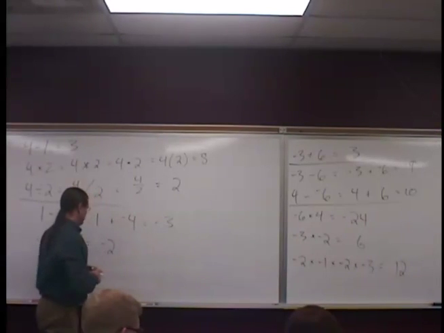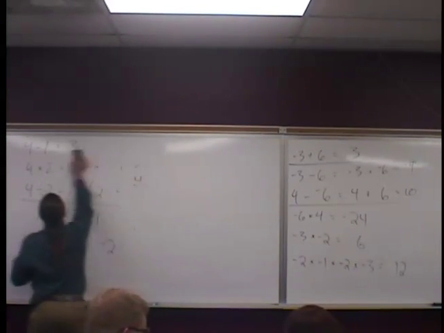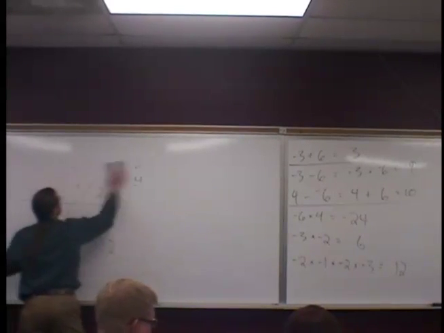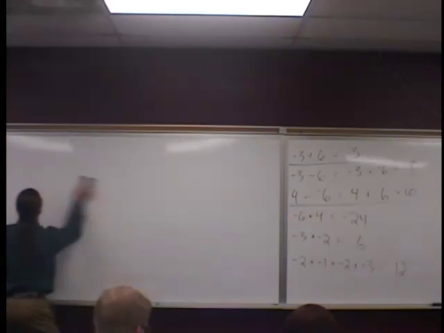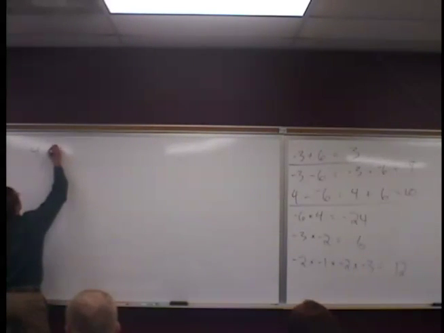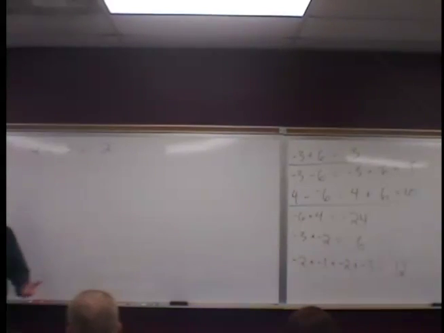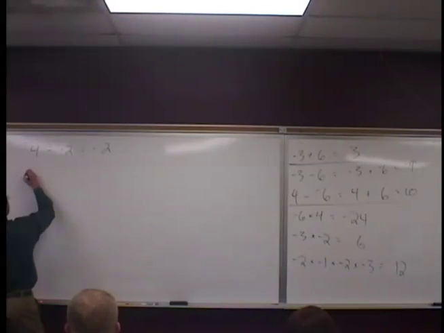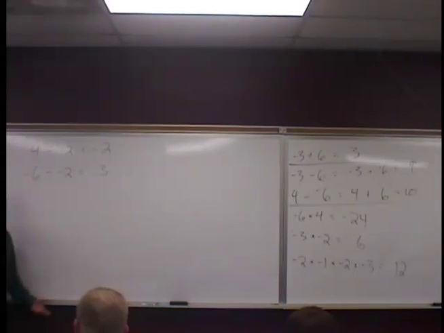All right, so division works the same as multiplication. When you're dealing with negative numbers, if you have one negative sign, it's negative. If you have two negative signs, your result's positive, okay? Again, same rules.